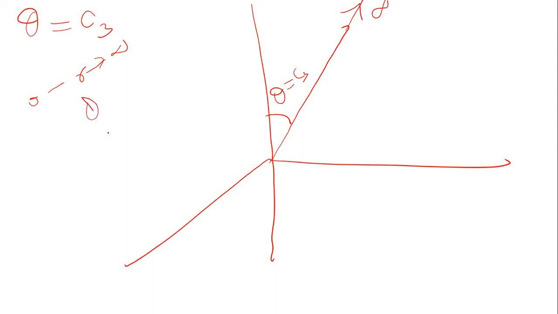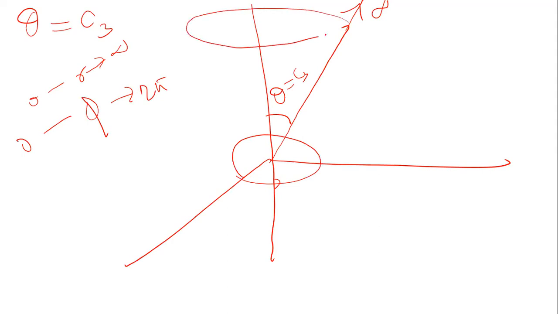Now you vary phi between 0 to 2 pi, rotating around this. This is a 2 pi rotation along the phi variable, right? Then you will find that this r, the distance from the origin, can go up to infinity.